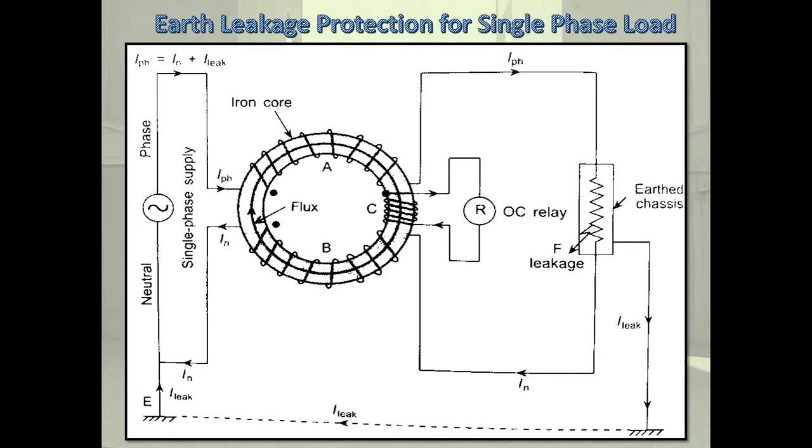The MMF linking with the sensing coil is N into IF. This induces a voltage in the coil producing pickup current. This energizes the relay and trips the circuit breaker, disconnecting the supply from the device. So this is the protection circuit of earth leakage protection for single phase load.